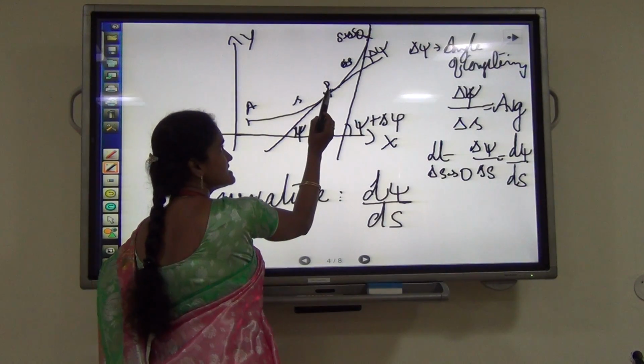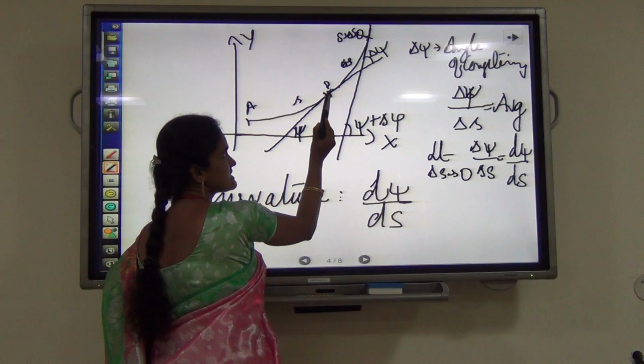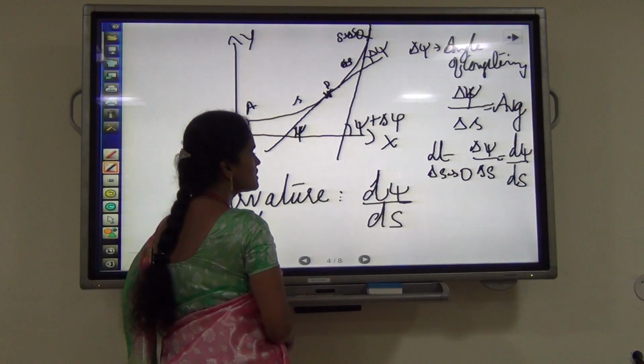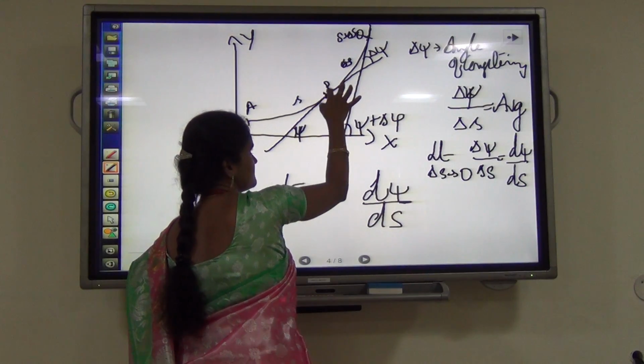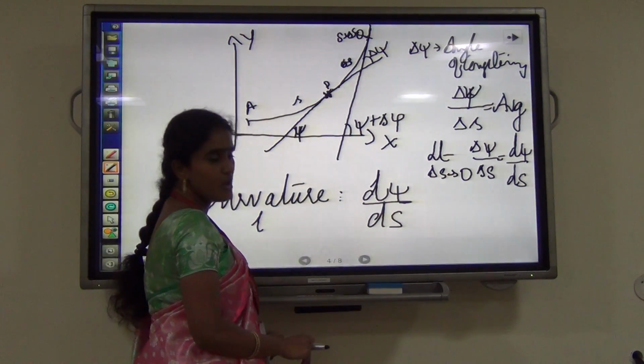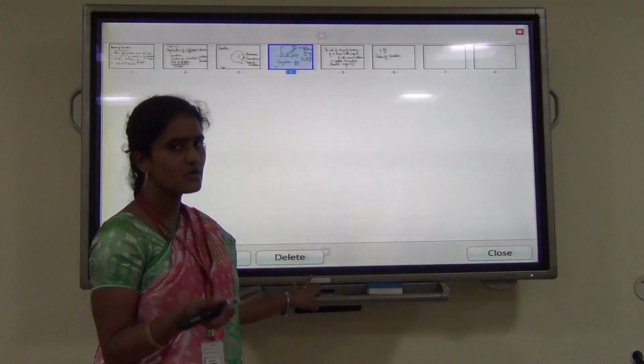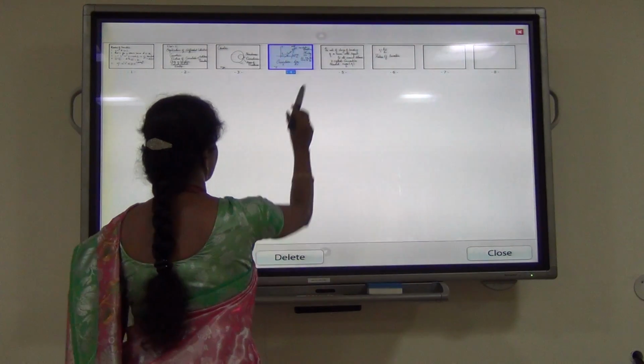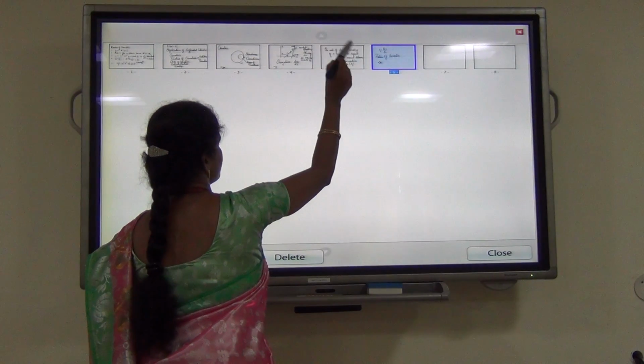So if this is the curvature, that is d psi by ds, for this particular curve at the point P, when you take the reciprocal of the curvature, we can define the radius of curvature.